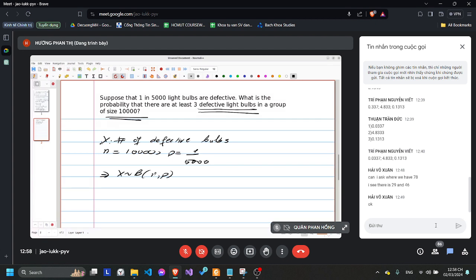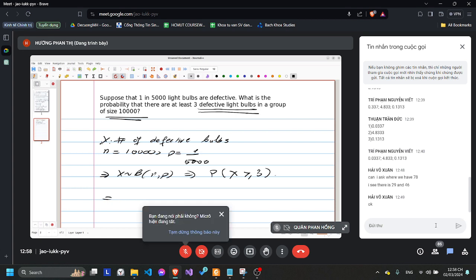If S follows the binomial distribution, then the probability that we have at least 3 defective light bulbs, this means S at least 3, S greater than or equal to 3. Using the formula of the binomial distribution, we have 1 minus the probability of S less than 3.